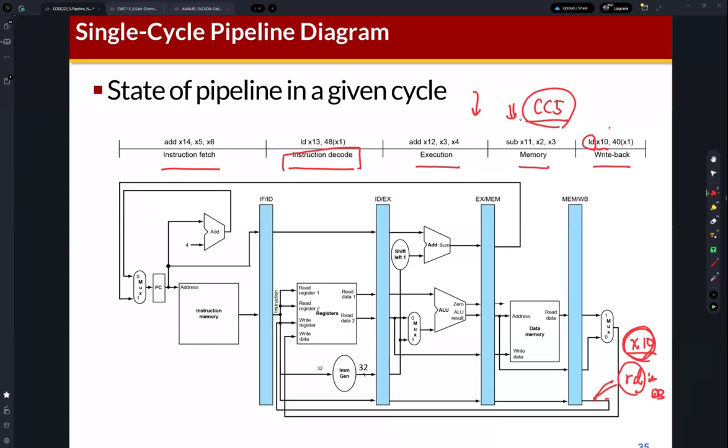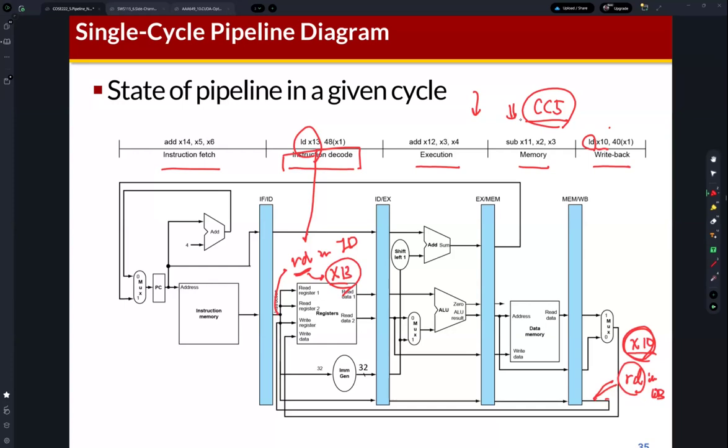So what is this RD in the ID stage? This RD is the RD of this load instruction, so this is X13. So it's different.